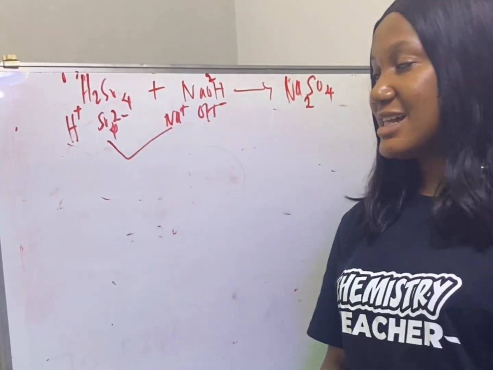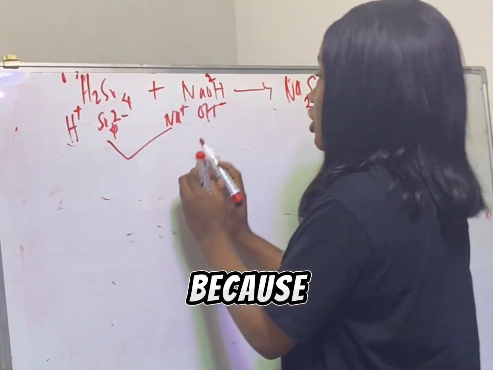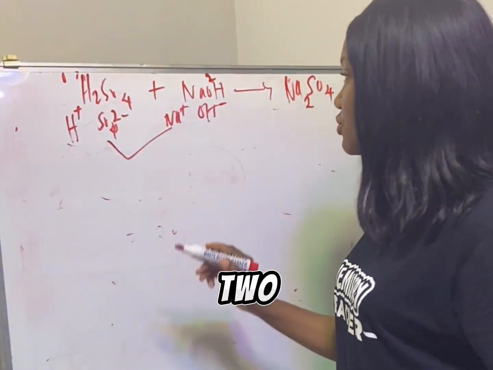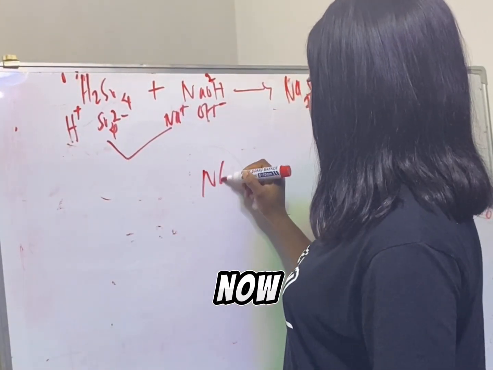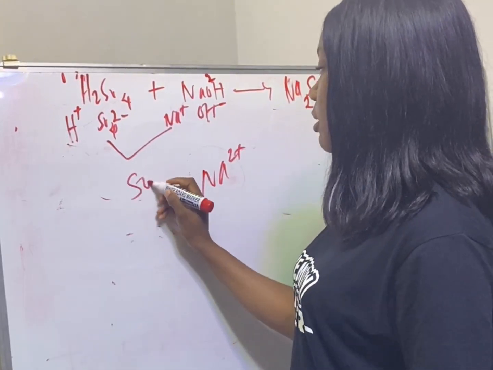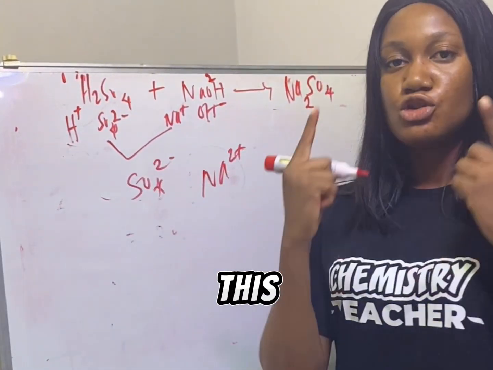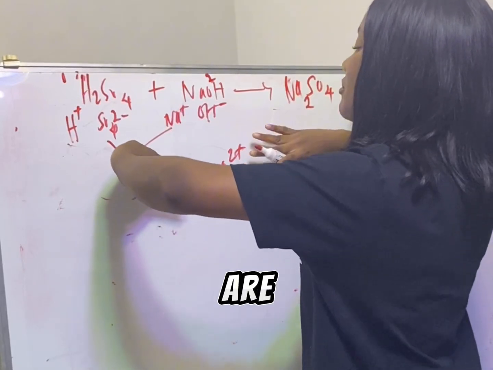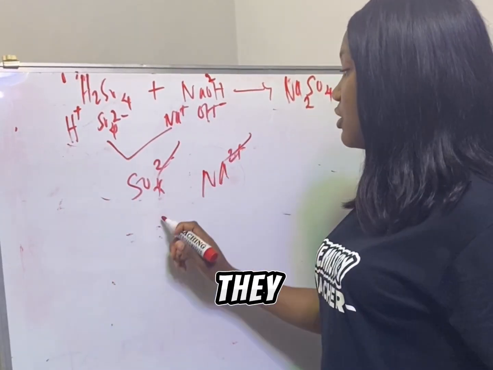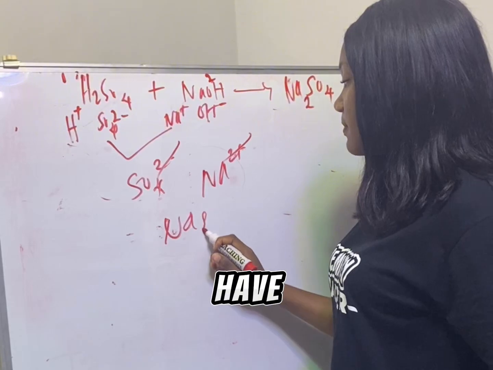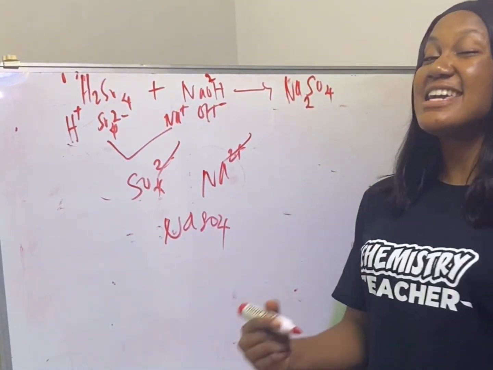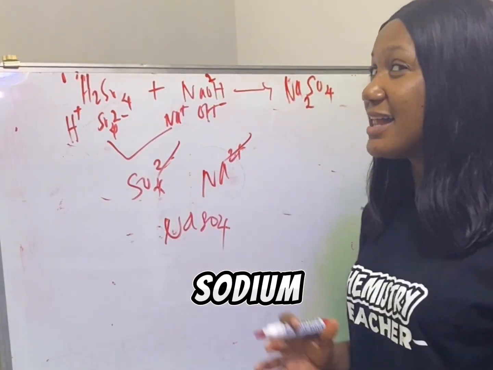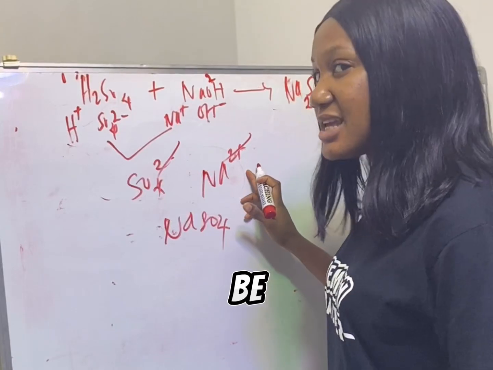So why did I say that? Because if sodium was 2, and we're combining it with this, two things will happen here. Because these two have the same oxidation state, they are going to cancel out. So you're just going to have this. Now, sodium can never be 2 as an oxidation state.